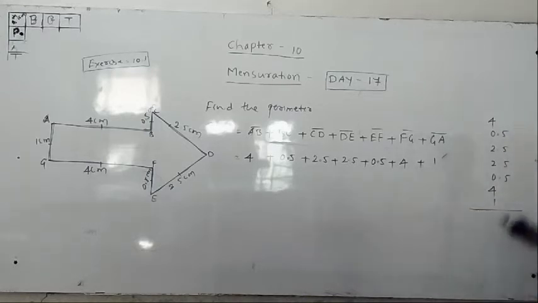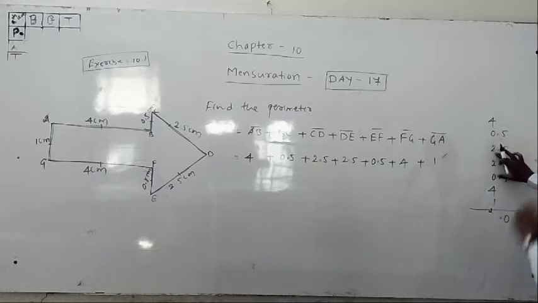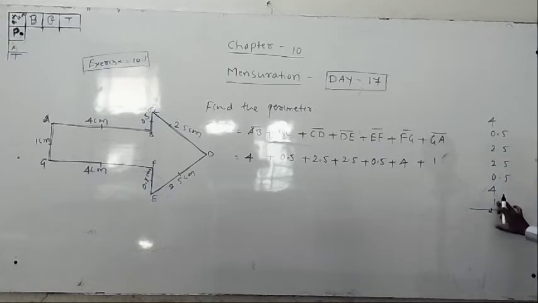You have to add it. 5 plus 5 is 10, 10 plus 5 is 15, 15 plus 5 is 20. Then 2 carry, 1, point below point. Then 4 plus 2 is 6, 6 plus 2 is 8, 8 plus 4 is 12, 12 plus 1 is 13, 13 plus 2 is 15. It is 15.